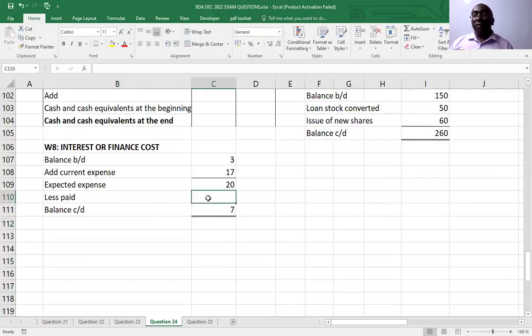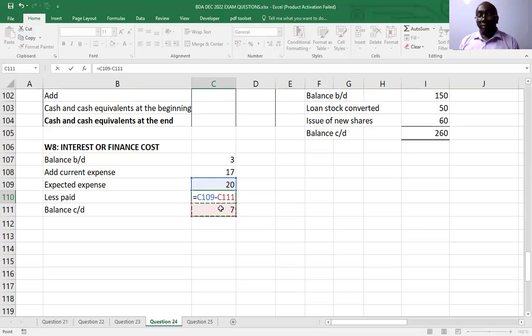So now we are looking for this one. We are looking for this paid. So kama tulifaa kulipa 20 na tumebaki na 7, kumaanisha tulilipa 20 less 7. Tulilipa 20 less 7, 13. 20 less 7, that is what we paid.